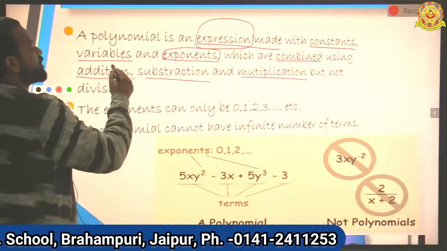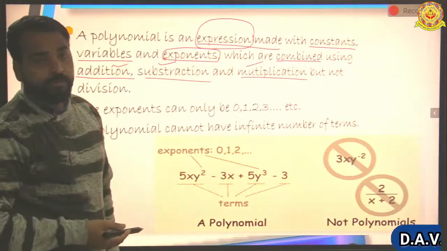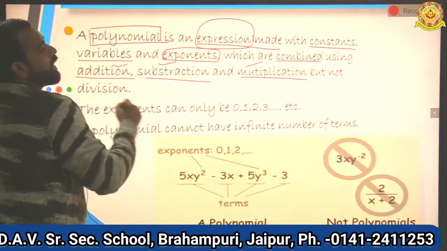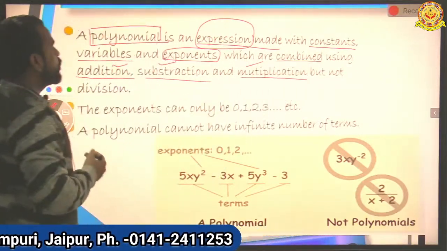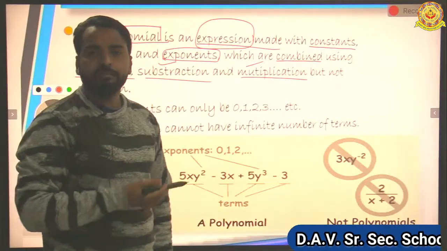These are mathematical operations. So here he is saying that a polynomial is an expression with constants, variables and exponents, combined using addition, subtraction and multiplication.